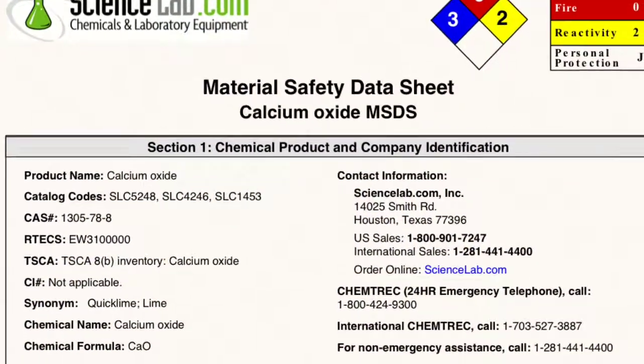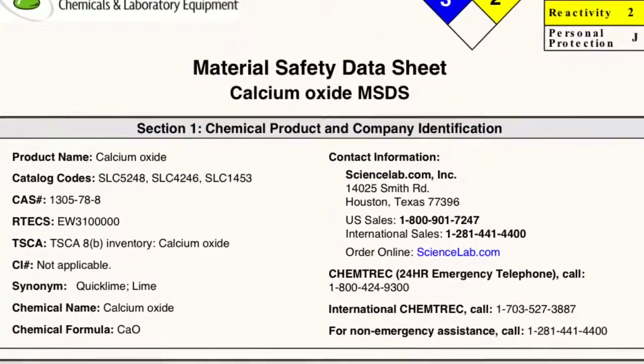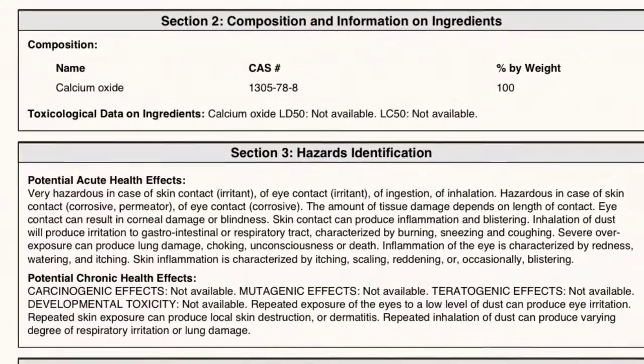The following slides is the material safety data sheet for calcium oxide. This is also called the MSDS.